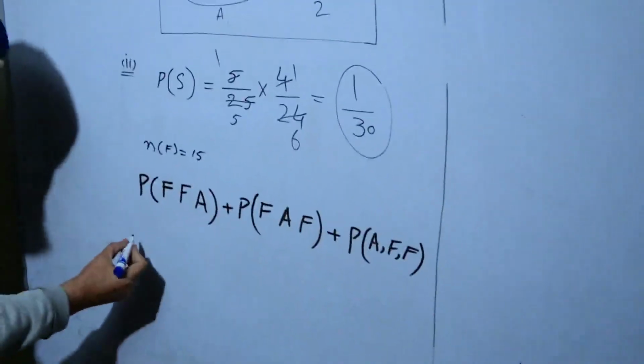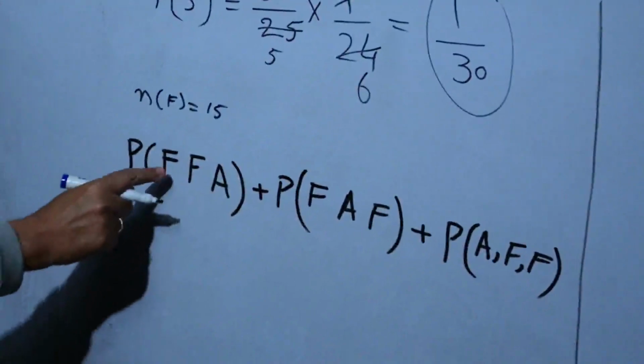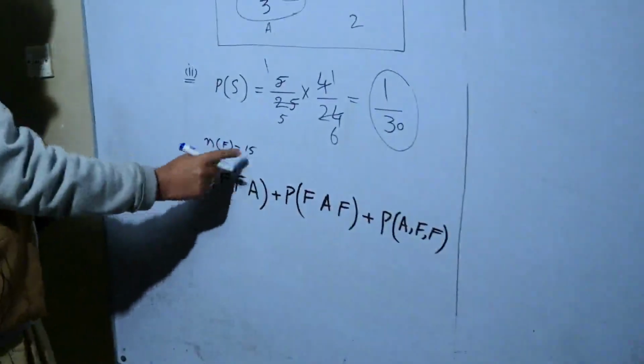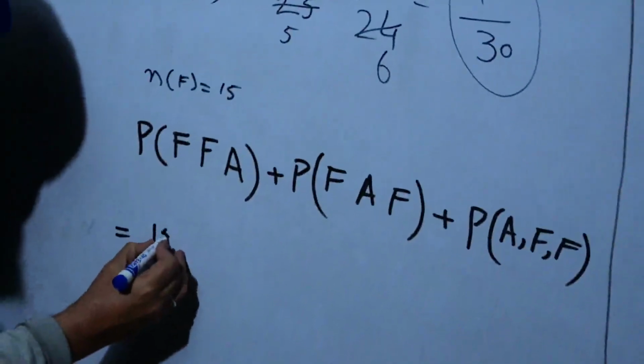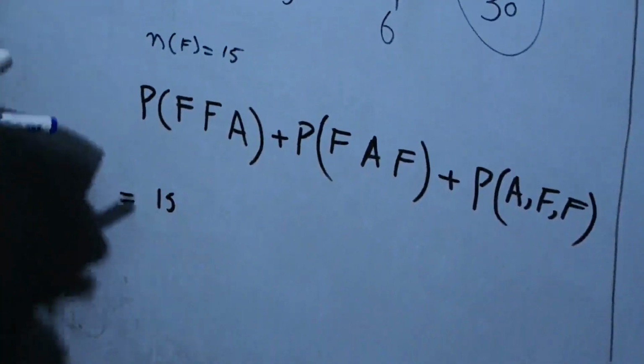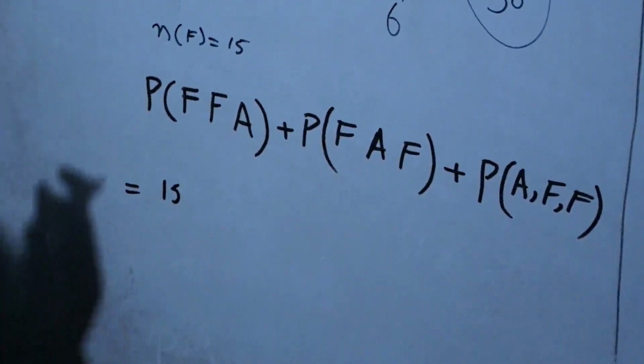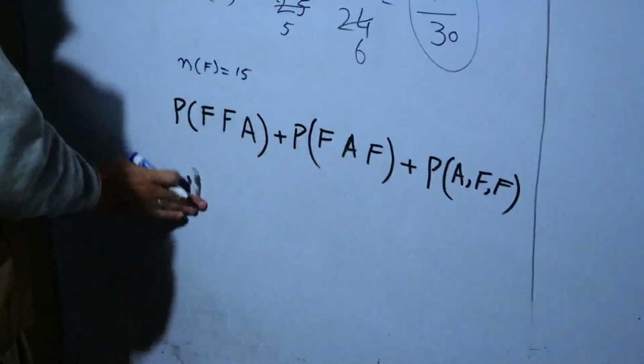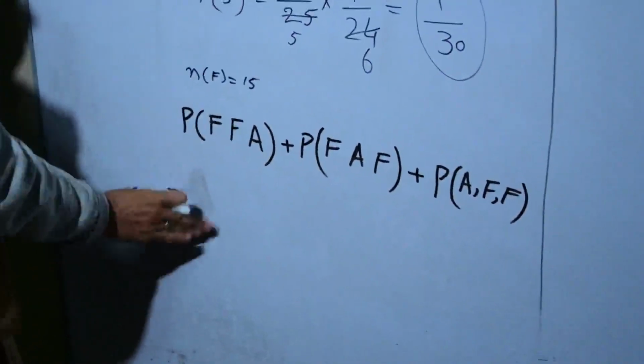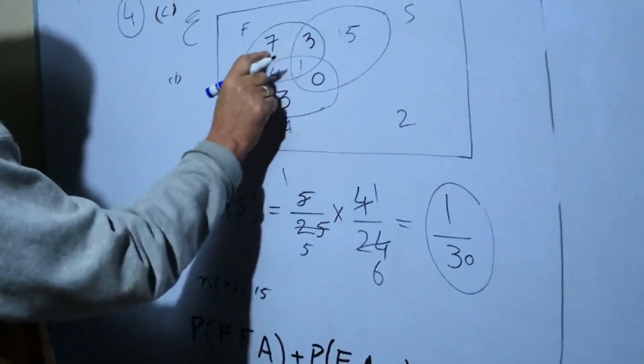So this will be equal to French. How many French students? 15. Out of 15, those who do not study Arabic, there are 7 plus 3, 10.